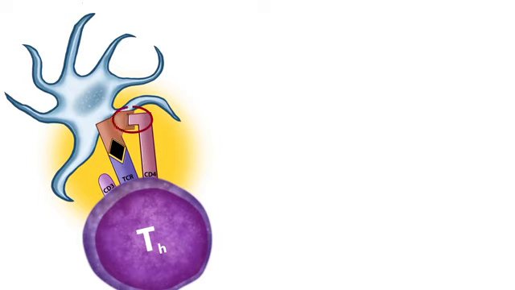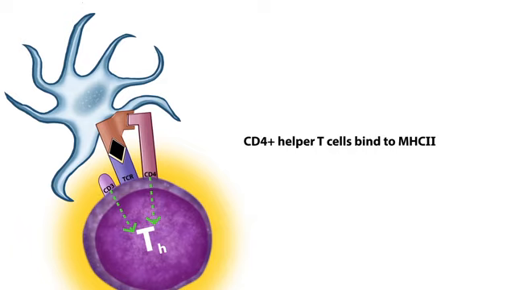When it finds one, the CD4 on the T cell has to bind the MHC2 on the antigen-presenting cell. And when that happens, the CD4 and CD3 can start their signaling cascade that ends up activating the helper T cell. We'll talk about that activated helper T cell in another video. But for now, just remember that CD4 positive helper T cells bind to MHC class II.